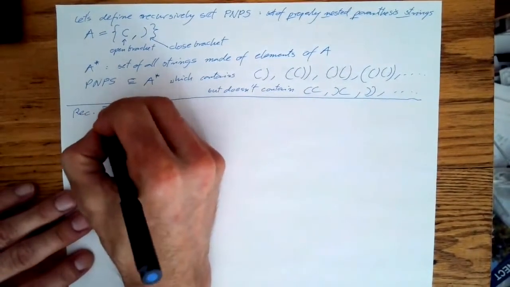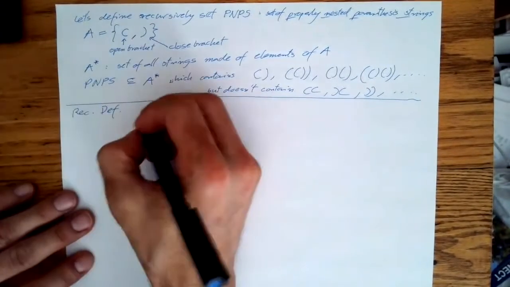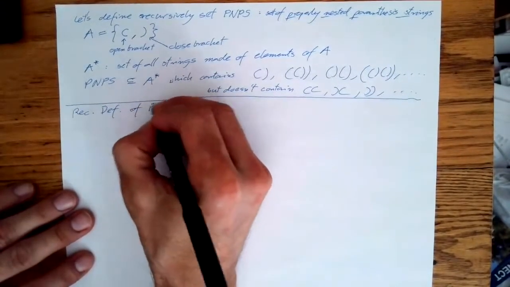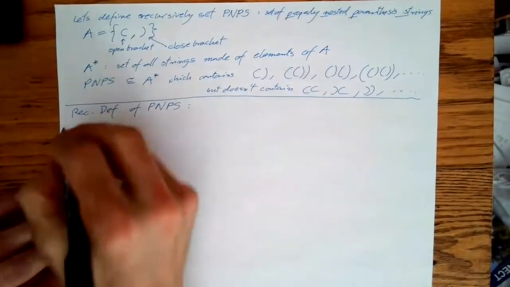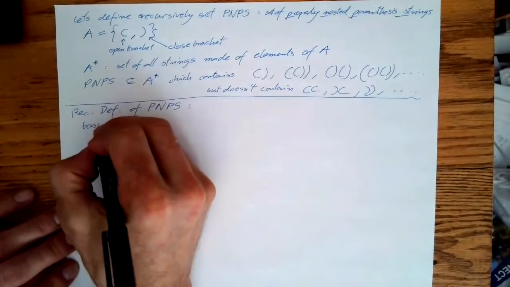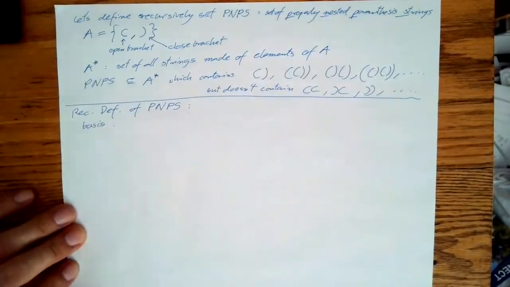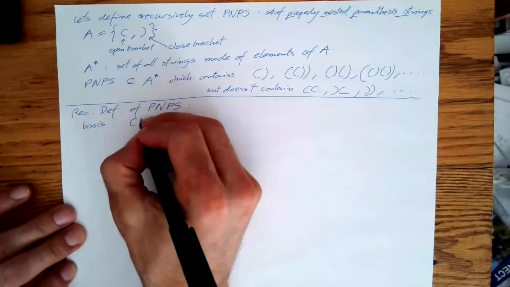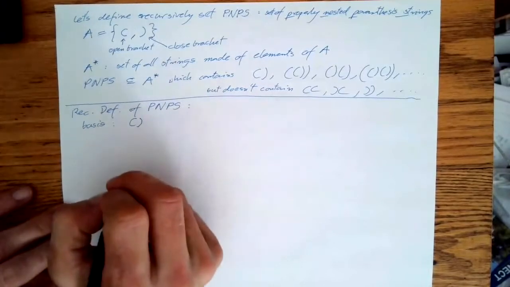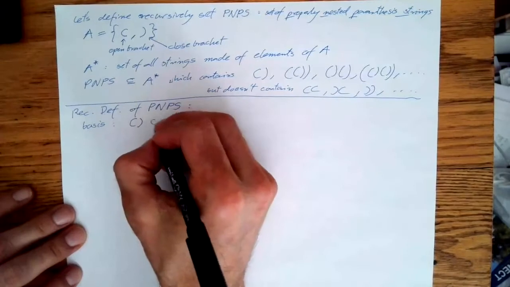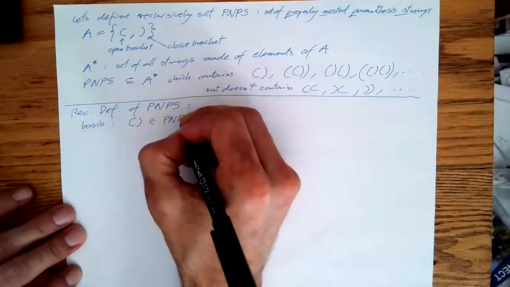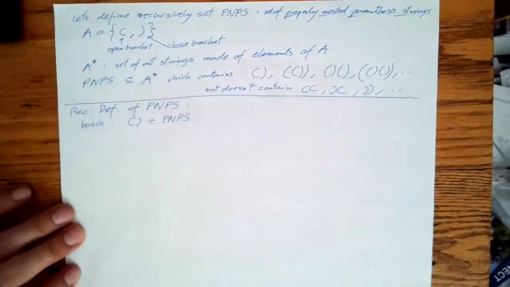Here is a draft of a recursive definition of this P and PS set. The basis: well, how about this? My atomic expression that is in the set is open, close. And I will declare it to be a properly nested parenthesis string.